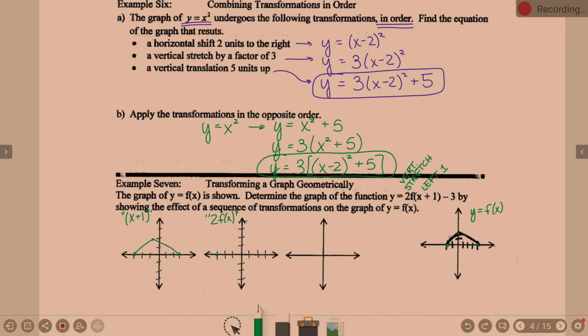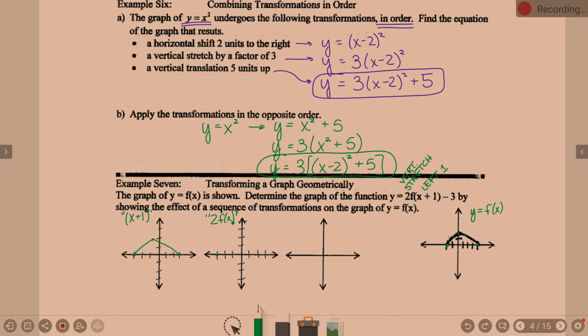Now, the point that was at -1, 2. When we stretch that, what's my y value currently? 2. And when we stretch it by a factor of 2, 2 times 2 is going to be 4. So I'm at -1, 4.